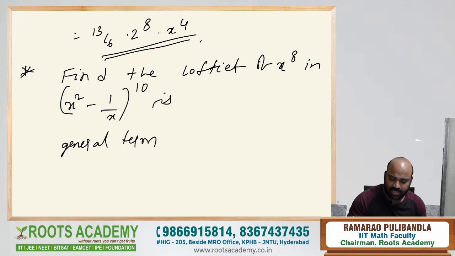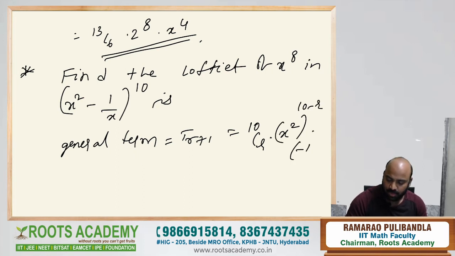The general term is T(r+1), the (r+1)th term, which we can write as 10Cr, that is nCr, into (x square) whole power 10 minus r into (minus 1 by x) whole power r.